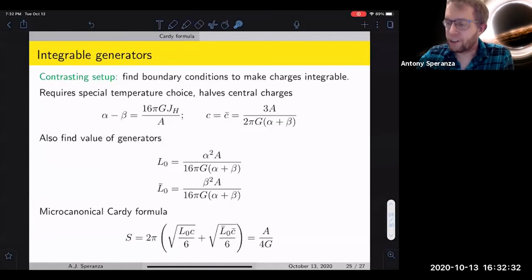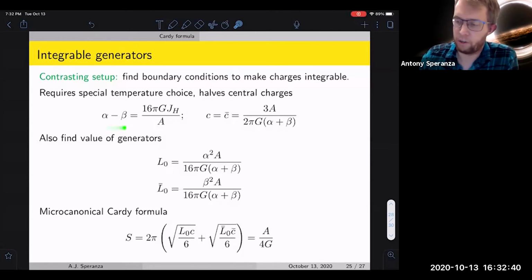So another interesting result was that if you wanted to find integrable generators, there are two requirements. You need these parameters alpha and beta to satisfy this relation, that their difference is given by the ratio of the horizon angular momentum to the area.